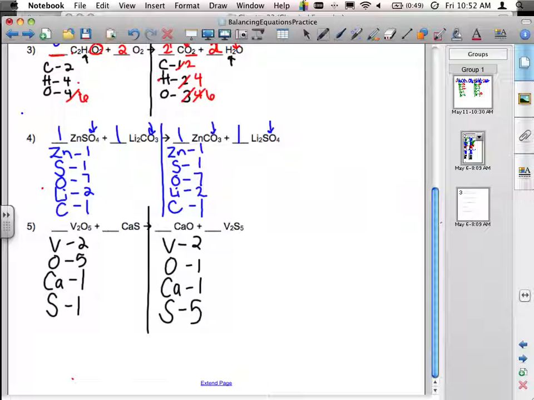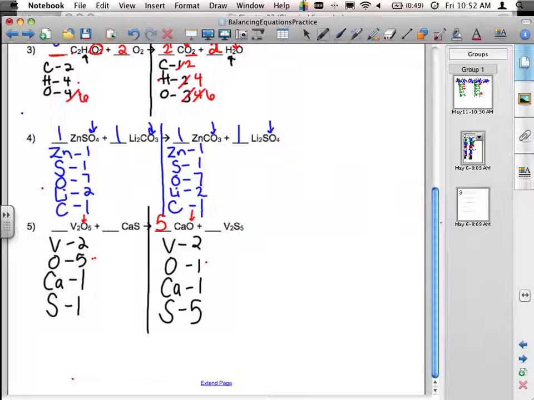Okay. We should see right away that our oxygen and sulfur are not balanced. So I am going to start working with the oxygen. It is located in one compound on each side. I can easily go from a 1 to a 5 by multiplying by 5.